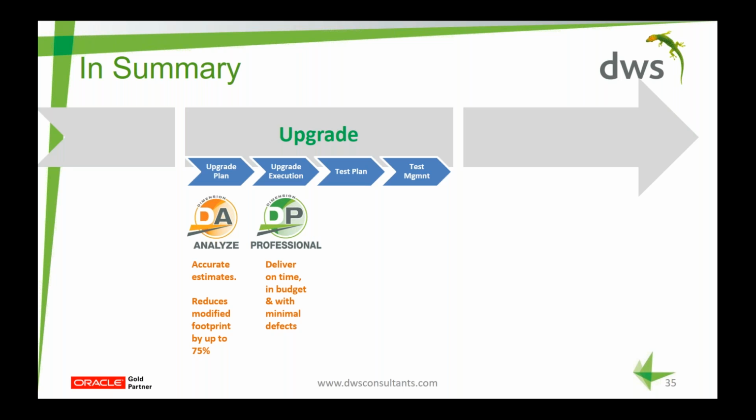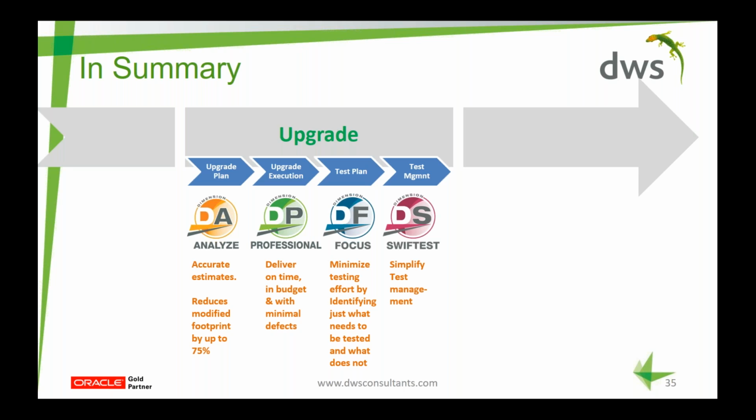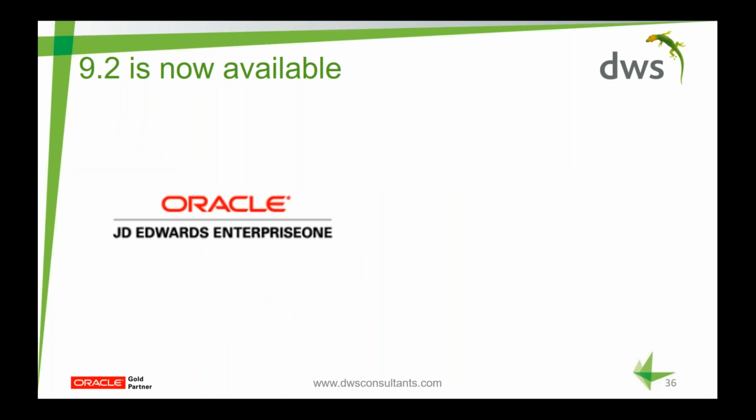In the second webinar, we addressed the execution of your upgrade and explained how you can deliver your upgrades on time, within budget, and with minimal defects by using the DWS Dimension Professional Service. And in this final webinar in this series, we've identified the challenges of planning the testing of your upgrade, shown you how you can minimize your testing effort by focusing on just what needs testing, and we've also shown you how you can automate your testing without the need for expensive technical specialists.